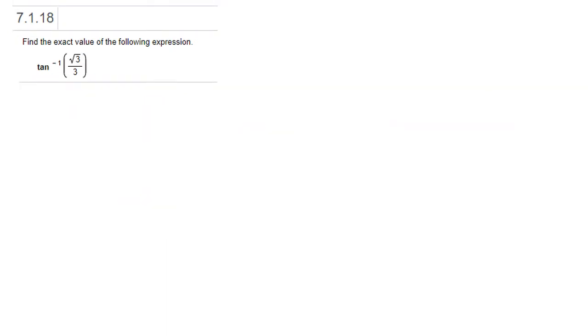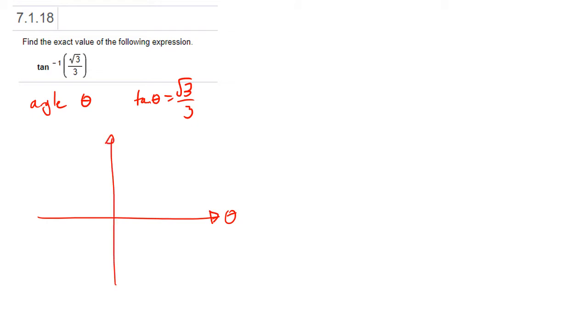So now we have a problem involving an arc tangent. Again, we need to understand what that's really talking about. This is an angle theta. The tangent of theta is √3/3. But remember that the tangent function has period pi, so if I plot theta versus the tangent of theta, the graph has period pi with lots and lots of vertical asymptotes.